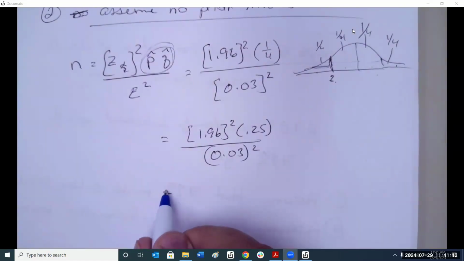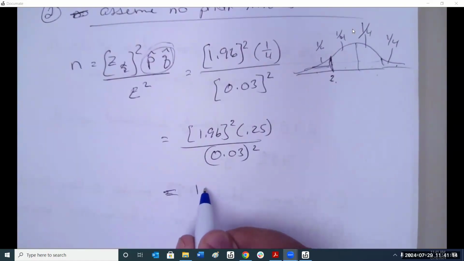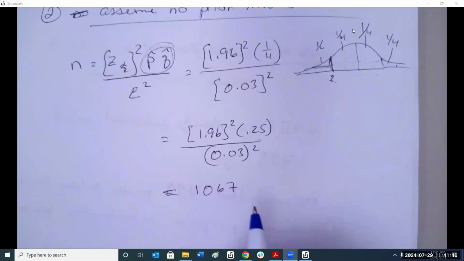Plug that in and we get 1067.11, which is 1068.